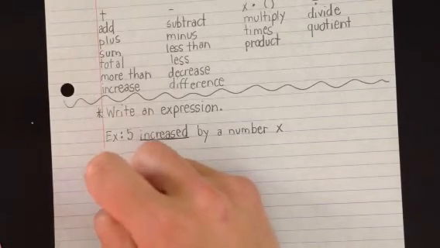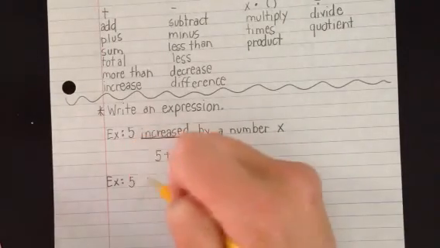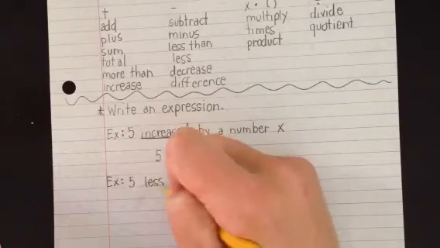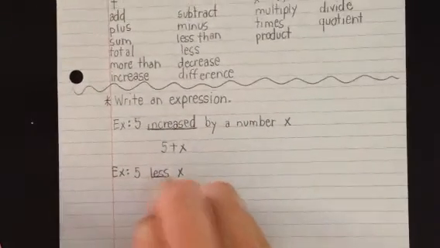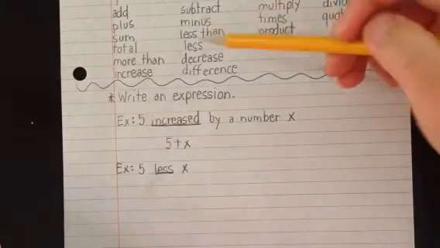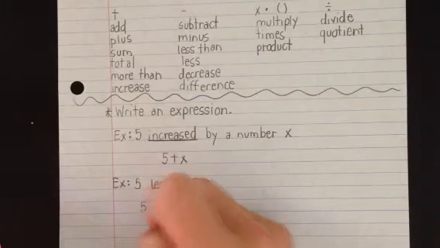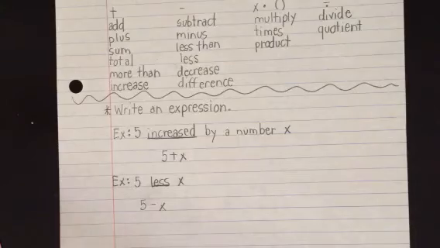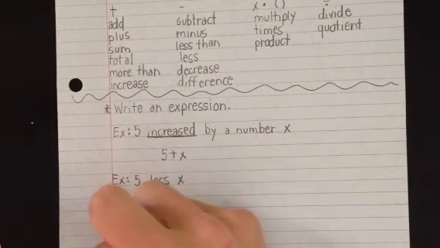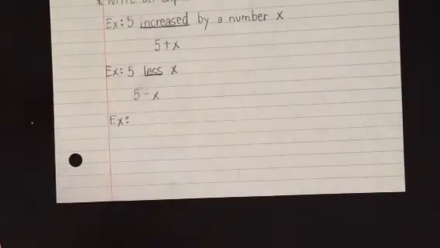All right, let's try another example. If you were given the words 5 less x, keyword less. Remember, less falls under subtraction. So that means we're going to use a minus sign. So 5 minus x. All right, let's get another example in here.